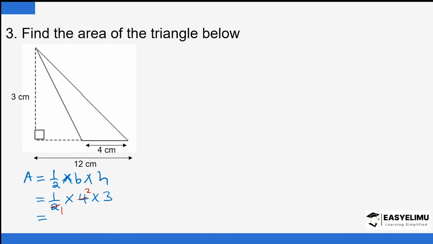So 2 goes there, 2 and 2 by 3 is 6. So 6 square centimeters. So you see now the base is this. See? And the height is 3.